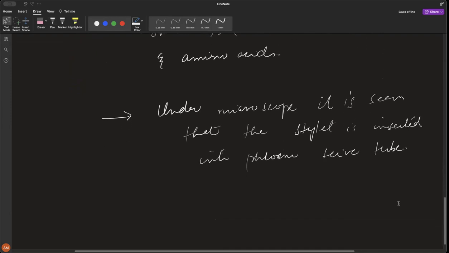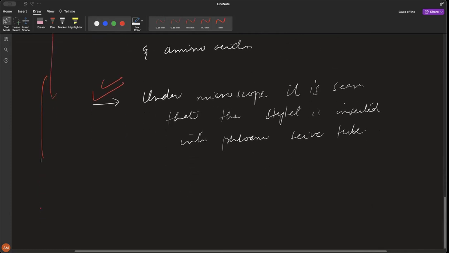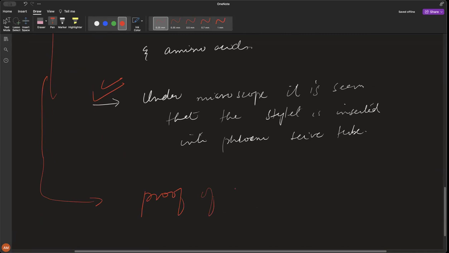So these two points together act as proof of translocation in phloem. All right.